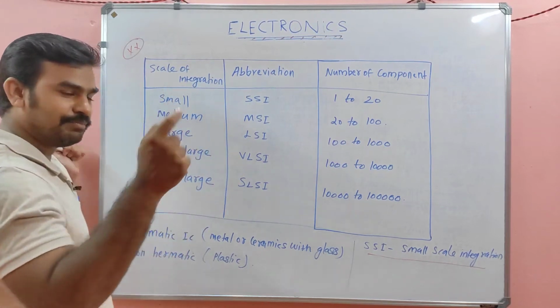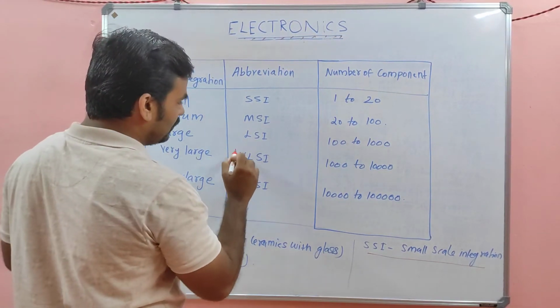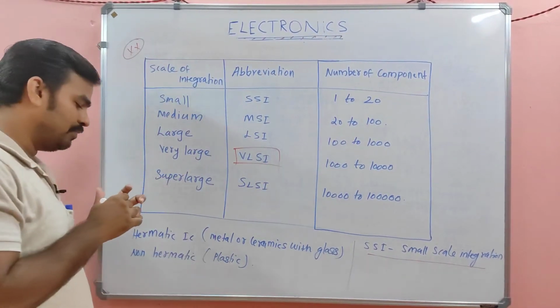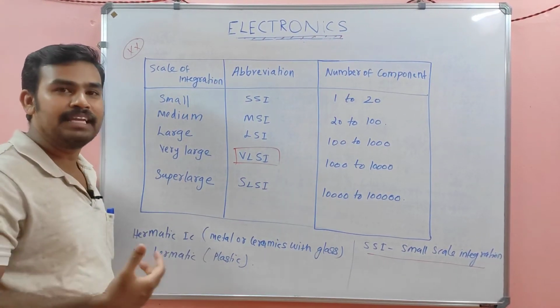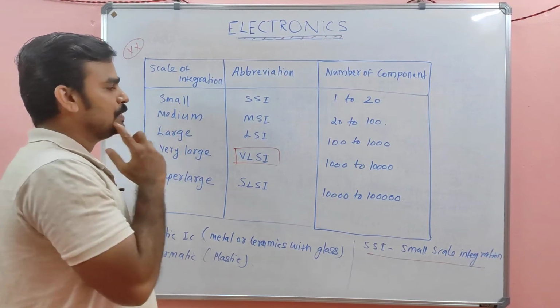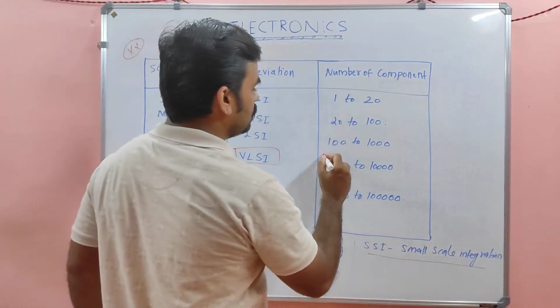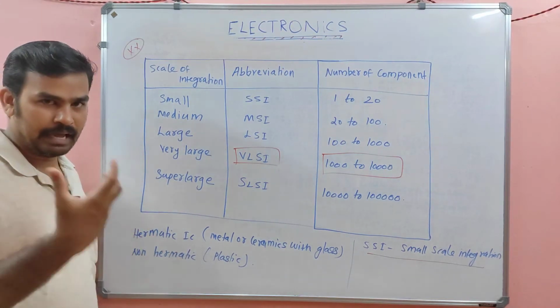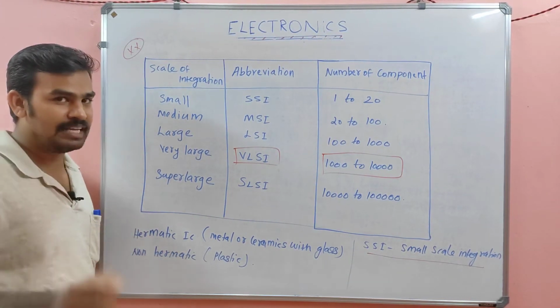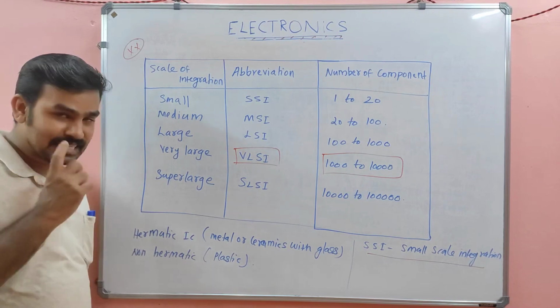So VLSI is a popular name. You have heard this name for years during BTech, right? VLSI, very large scale integration. So this is very, very important. 1000 to 10,000 components are there in a VLSI IC.